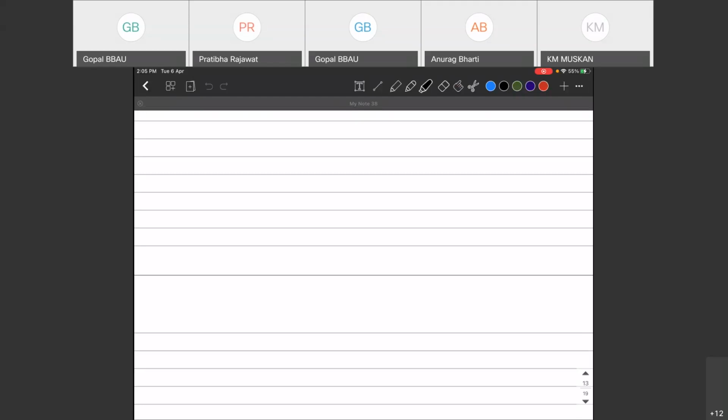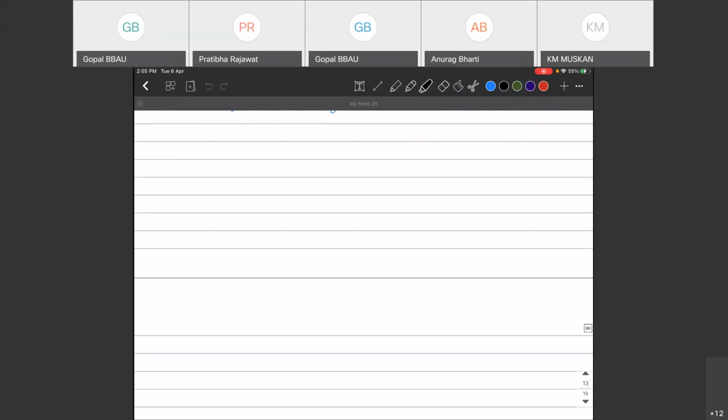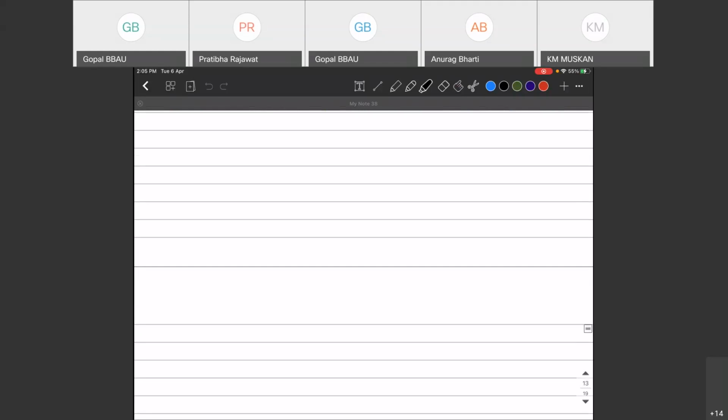Yes, sir. Okay. So yesterday we were talking about subspaces. Particularly we were interested in the smallest subspaces containing a point, containing 2 points, containing n points.